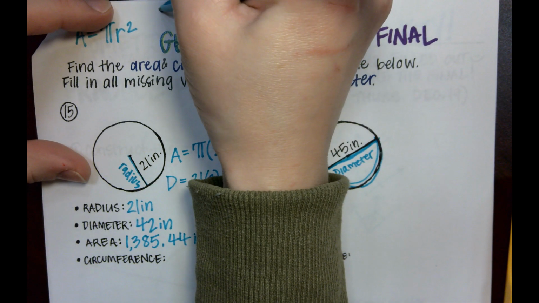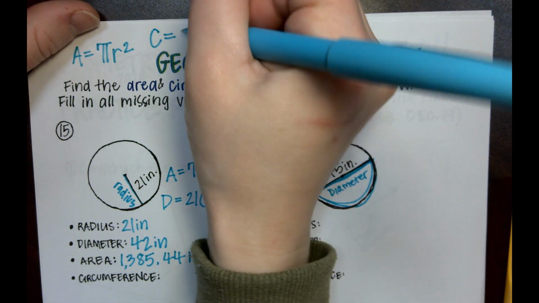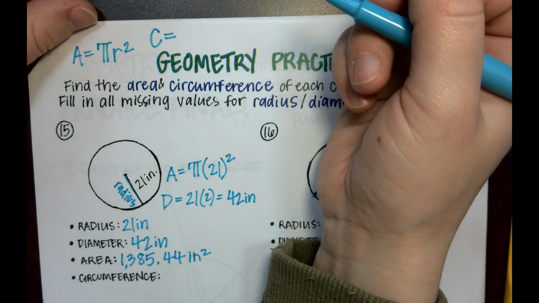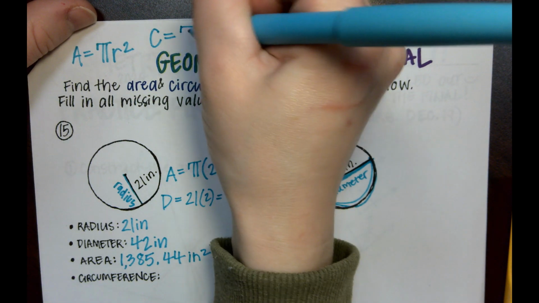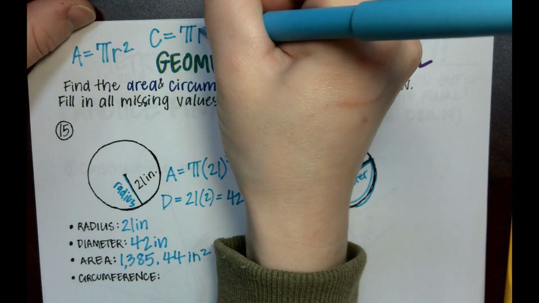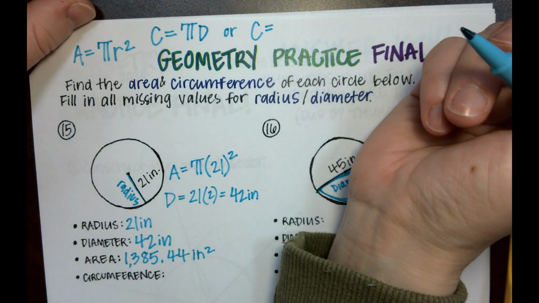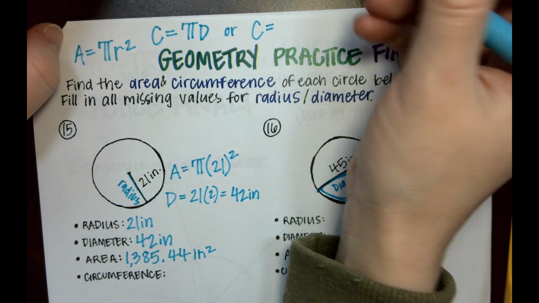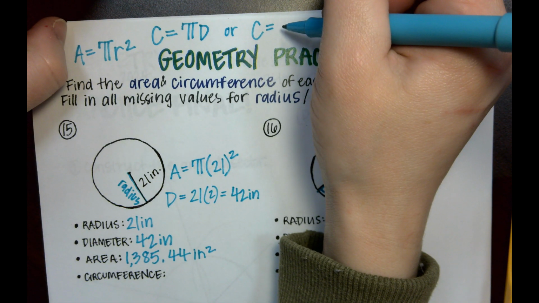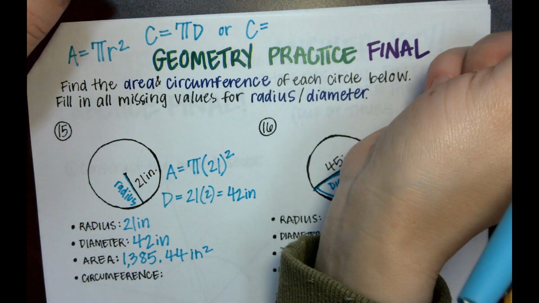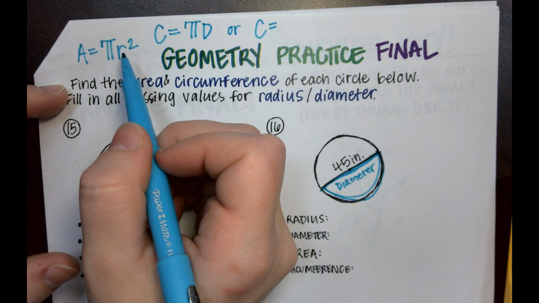So how do we find circumference? I'm going to write that formula at the top as well. Since we have the radius in this, I know on that it says circumference is pi times diameter, but we could also do circumference equals 2 times pi times radius. It's super similar to area: instead of pi r squared, the 2 is going to be a big 2.